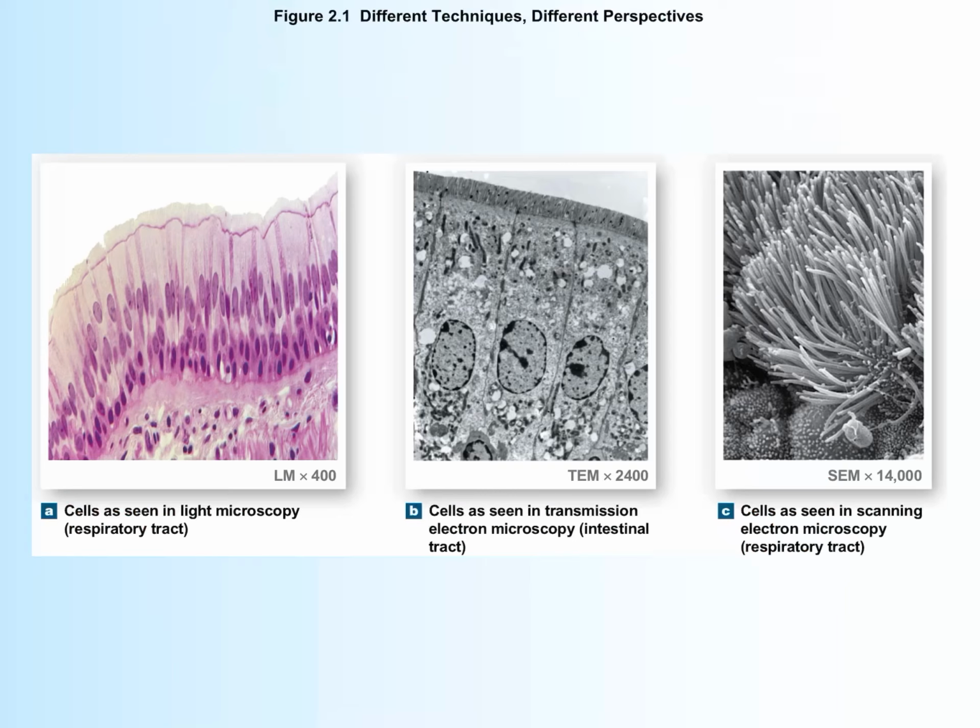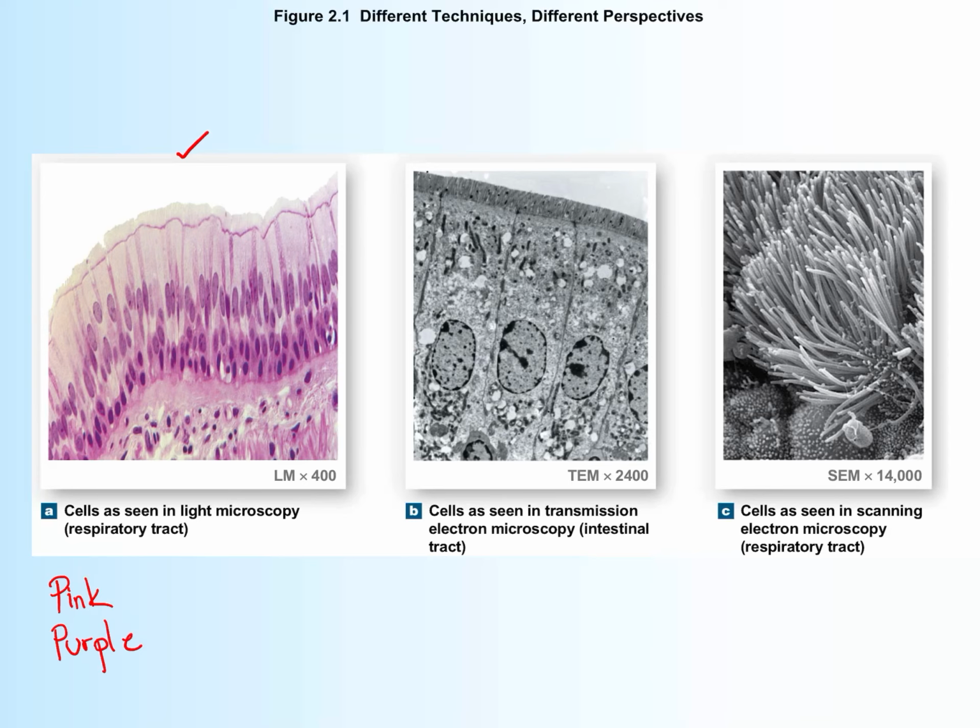Your textbook is full of images from the light microscope. Your cells are not pink. We know that because you're not a pink person walking around, but they do use a stain to visualize the structures within a cell. Typically they use a pink and purple stain, so a lot of the slides you'll be looking at are pink and purple.